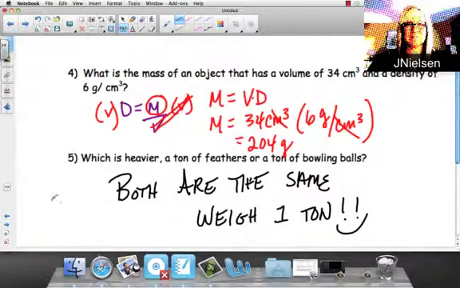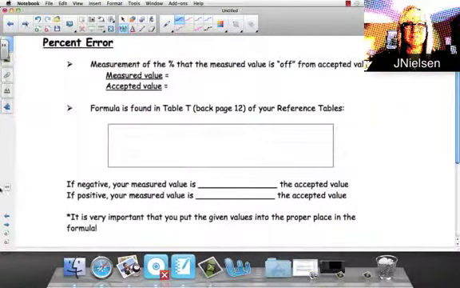Okay. And last, let's just quickly review percent error. I'm sure that you did this in earth science. It's the measurement of the percent that the measured value is off from the accepted value. The measured value is the value you get, and that's experimentally.